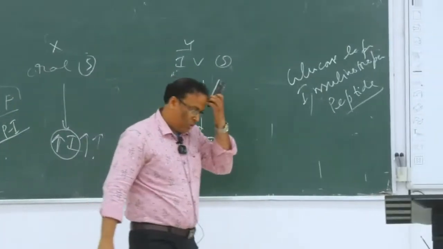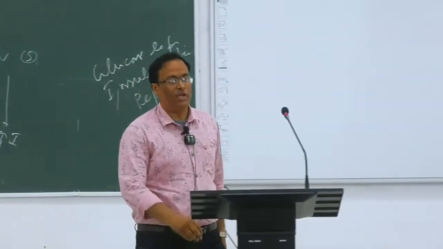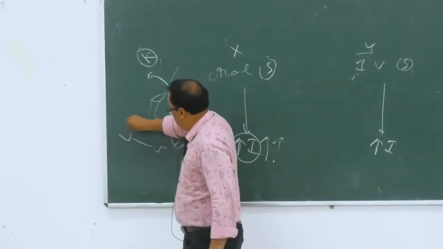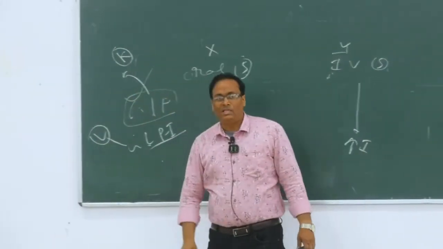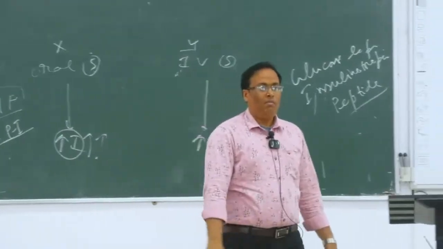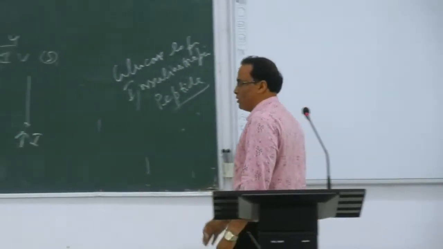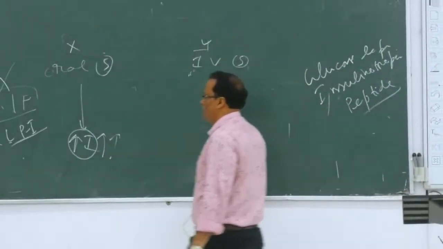GLP-1. So these hormones are released from the intestine, and GLP-1 is probably released from the L cells of the ileum as well as the colon. So these cells are spread through the total intestine, including the large intestine.